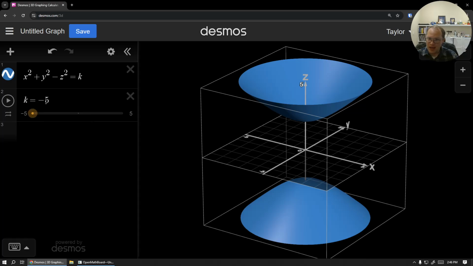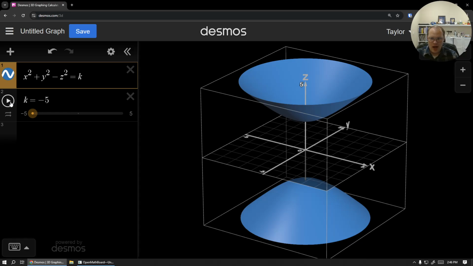So at k equals -5, setting the function value to -5, we get a hyperboloid of two sheets. And notice what happens as we let that constant progress. We can imagine the constant here being time, the output variable being time, and it gives us a way to visualize and interpret this four-dimensional hyperstructure.